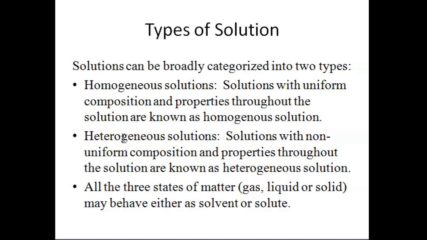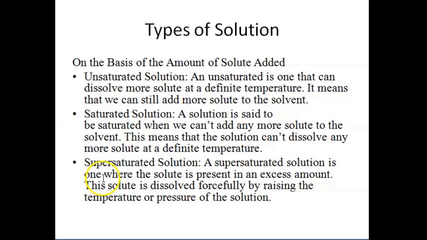In the category of homogeneous and heterogeneous, all the three states of matter are being involved. That is, gas, liquid or solid may behave either as a solvent or a solute in order to make a solution. And based on the amount of solute added, there are different types of solution, that is unsaturated solution, saturated solution and supersaturated solution.